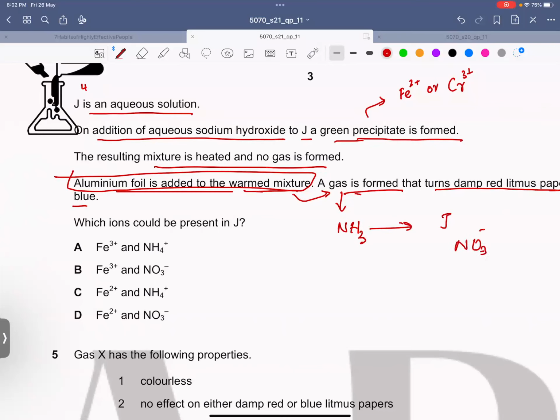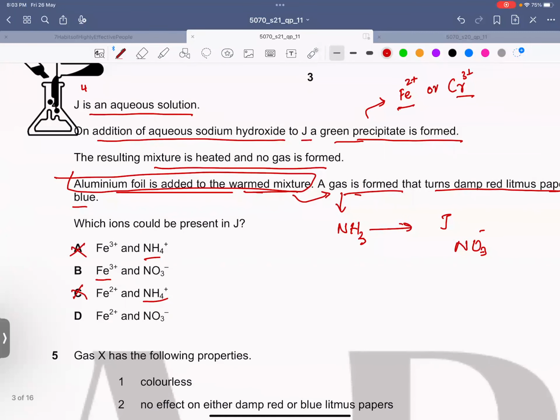So if there is a nitrate ion, that makes A and C wrong, and in B there is Fe3 positive ion, and as we discussed earlier, there must be Fe2 positive ion due to the green precipitate, right? Or there would be a chromium ion. So there is no option of chromium, so B goes wrong. Now we are left with D option. So D option is our correct answer. Is this understandable to everyone? If anyone has any issue, kindly ask.